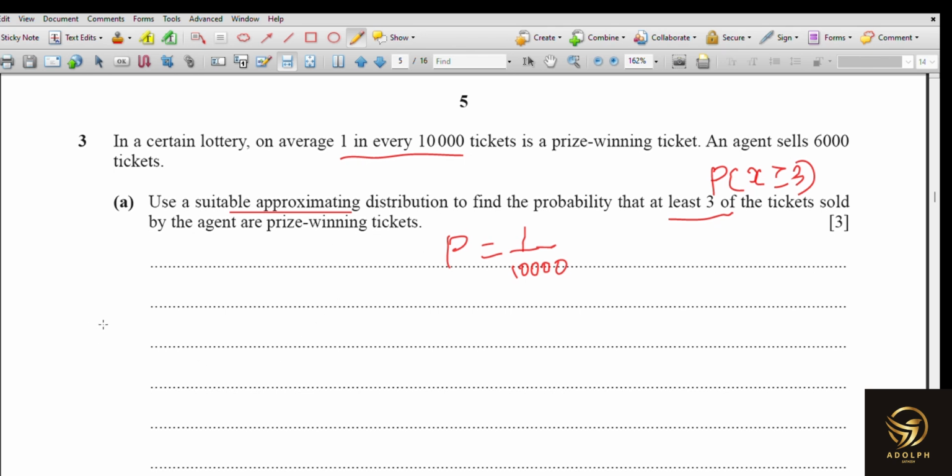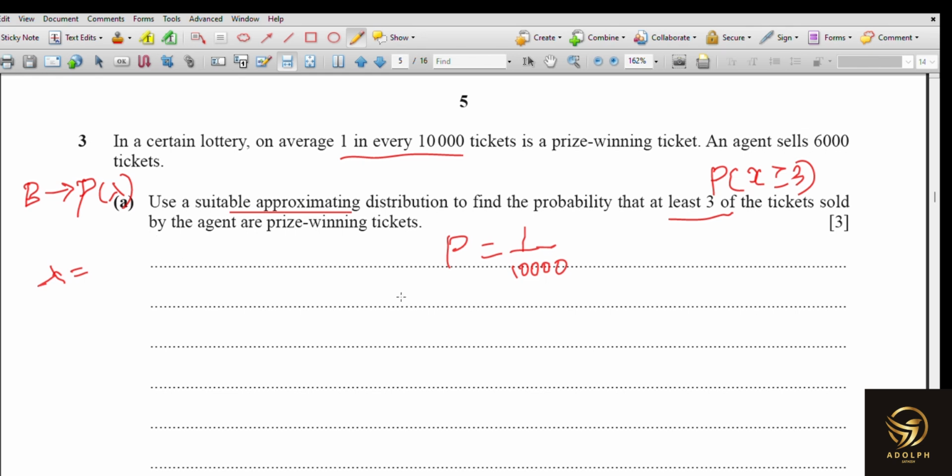So with the approximating distribution, the lambda value is going to be, why lambda? Because from binomial, when we are approximating, it actually goes to Poisson with the parameter lambda. In AS level, we used to work out the normal distribution, but here it is from binomial to Poisson.